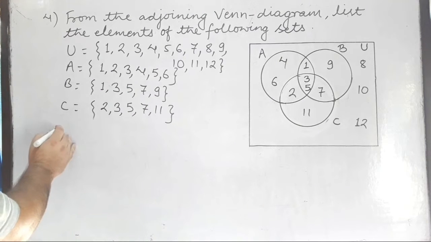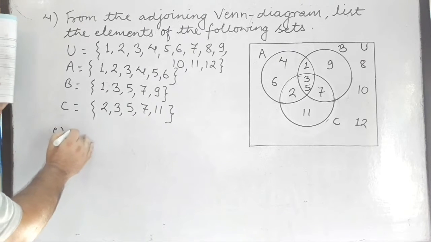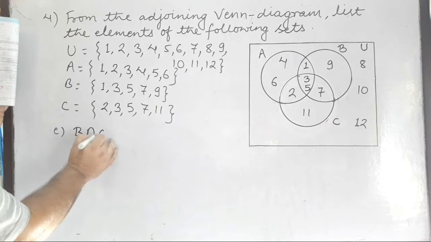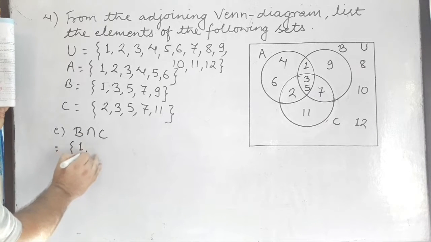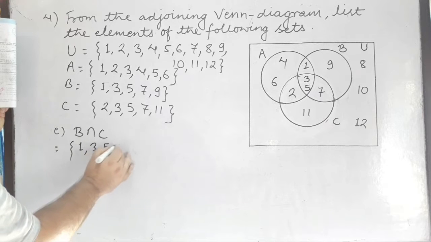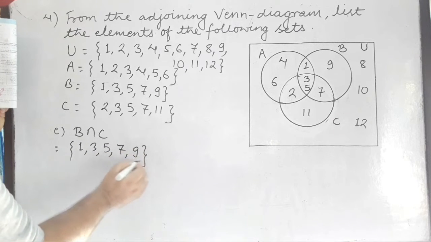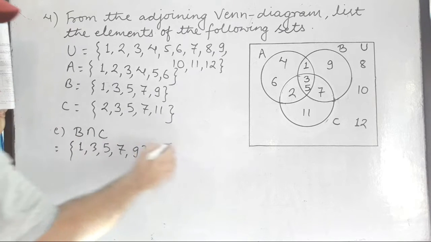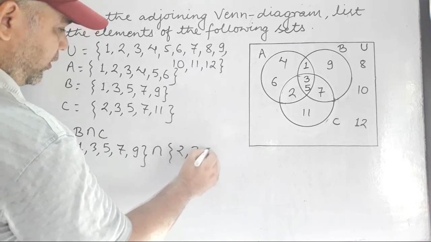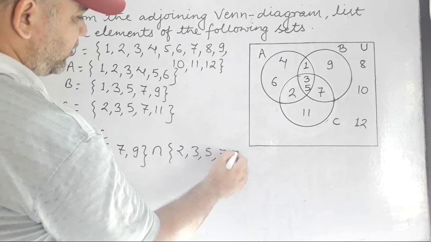The next question, B intersection C. The elements of B: 1, 3, 5, 7, 9. Intersection. The elements of set C: 2, 3, 5, 7, 11.